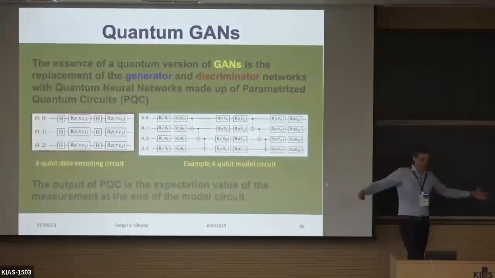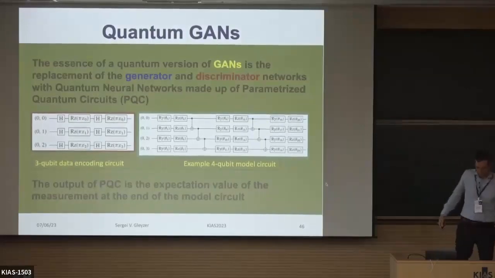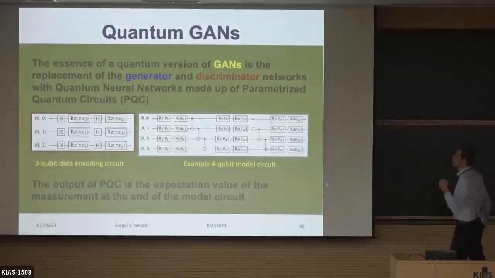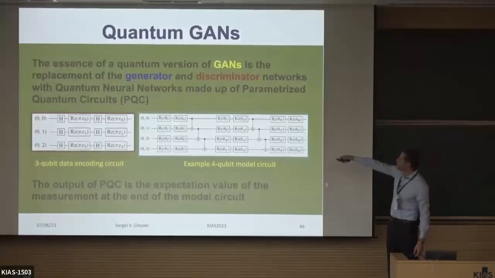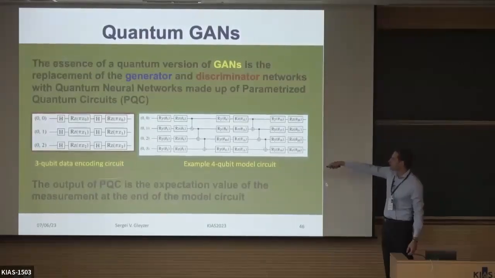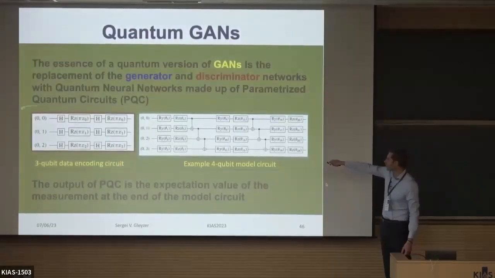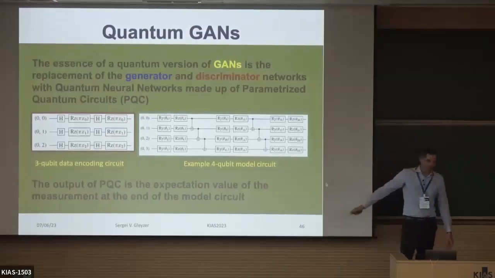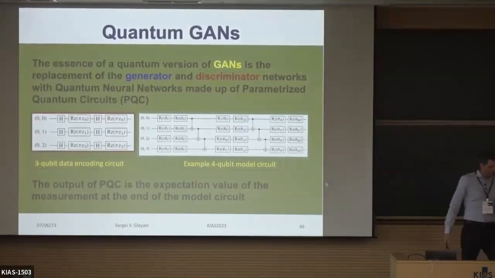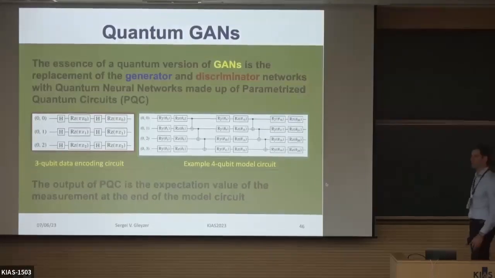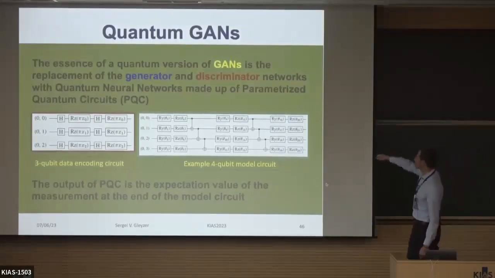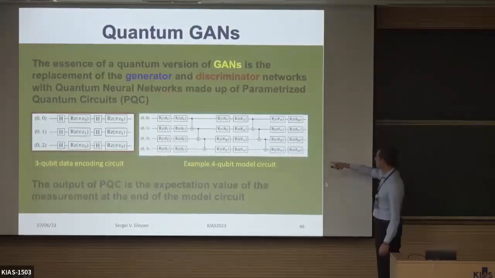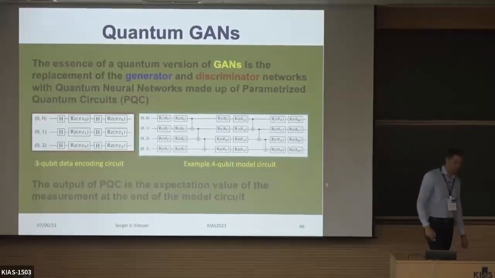The essence is that you replace the generator part or the discriminator part or both with PQCs, which requires some kind of encoding circuit, of course. Here is, for example, a PQC on 4 qubits. This happens to be one of the GANs that was actually built by our team some years ago, as part of the Machine Learning for Science Google Summer of Code project. This was Alcade Cheng, Ru Zhang and myself.